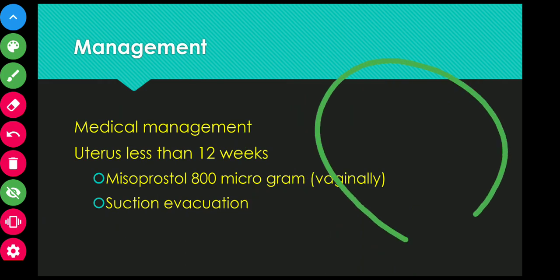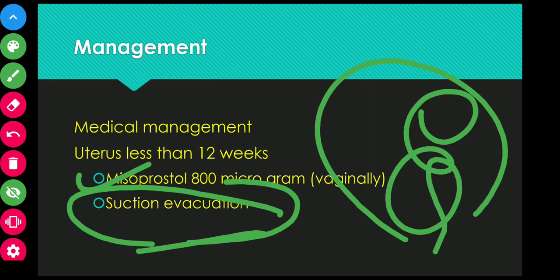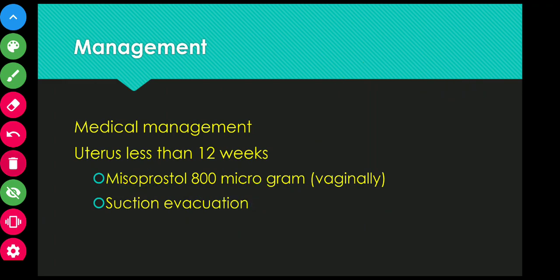If it did not come after 48 hours also after giving misoprostol, then we can go for suction evacuation. For removing this fetus we have to go for suction evacuation. In this there might be a chance of uterine wall damage and brisk hemorrhage, so we should be very careful. So this is about uterus less than 12 weeks.